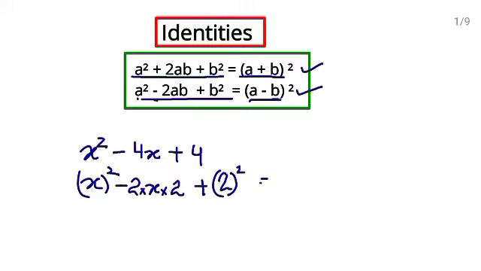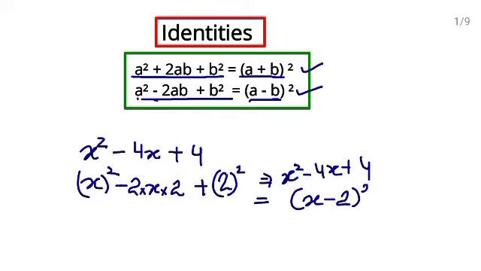So x square minus 4x plus 4 can also be written as a minus b whole square, that means x minus 2 whole square. We will do similar questions in exercise 6D, so let's start exercise 6D.